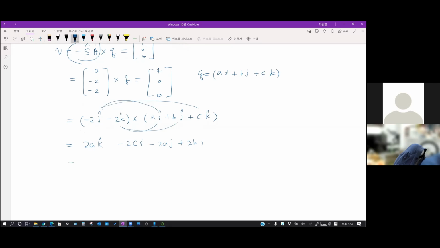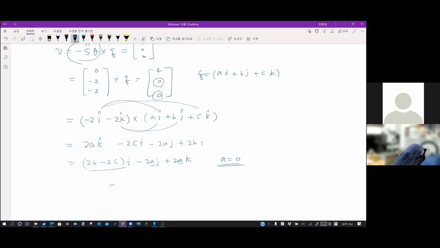So as a result, 2BI minus 2CI minus 2AJ plus 2AK. So in here, the y-axis and z-axis components are 0. So obviously A equals 0.